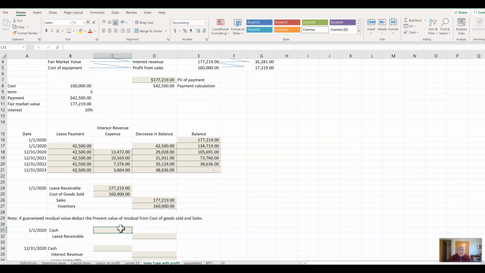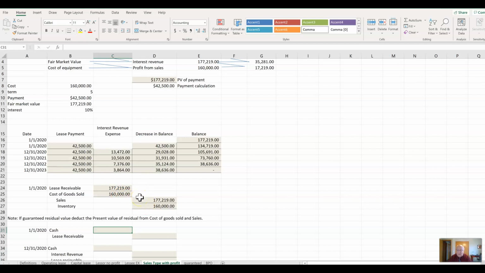Now, if you have a guaranteed residual on here, this affects the lessor only. We'll get more into that in the next one. But for a sales type lease, what you do for the guaranteed residual is subtract off the present value of the guarantee of the residual value, and you subtract it off from the cost of goods sold and sales. Okay, so that's what would change.